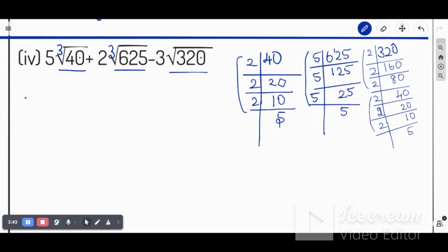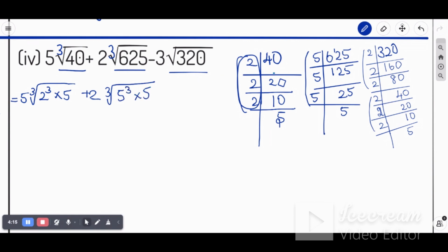So what I'm going to write here is, first of all, this 5, be sure this is 5 times, okay? 5 times, and then put your cube root carefully. Cube root of 40. How can you write 40? 2 cube into 5, right? 2 cube means 2 is repeated 3 times. And plus 2 times of, what you have to write is cube root of 625, which will be 5 cube into 5.